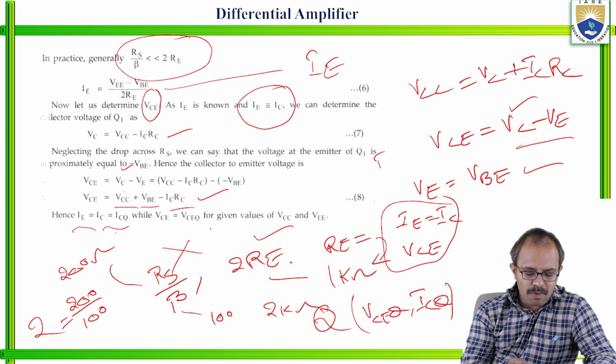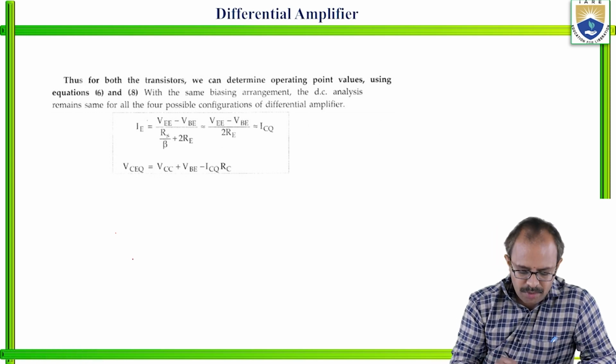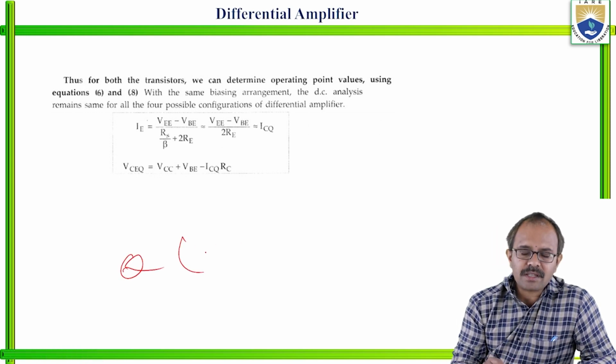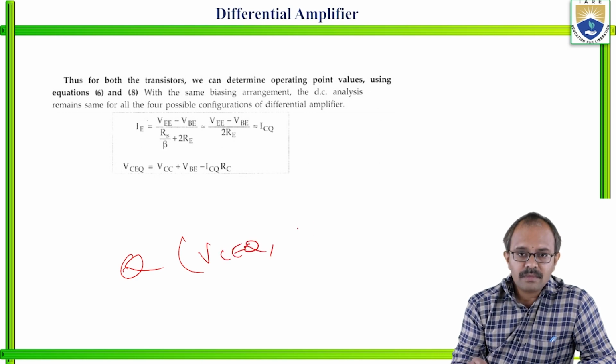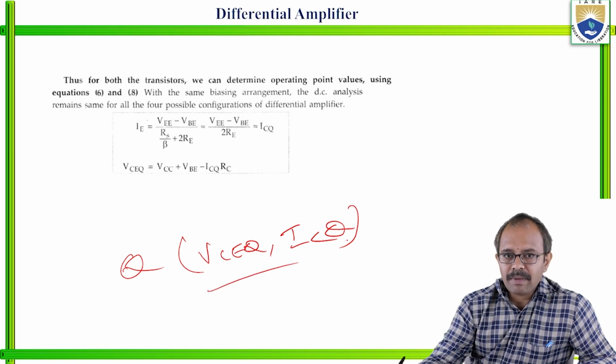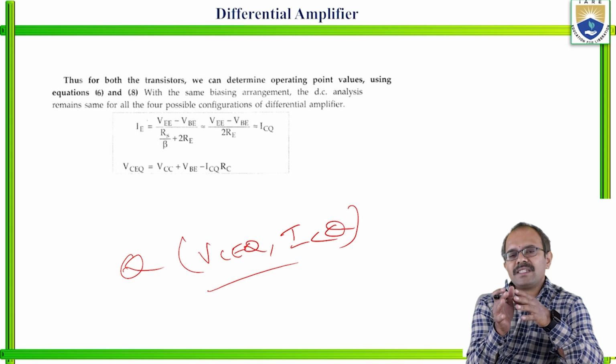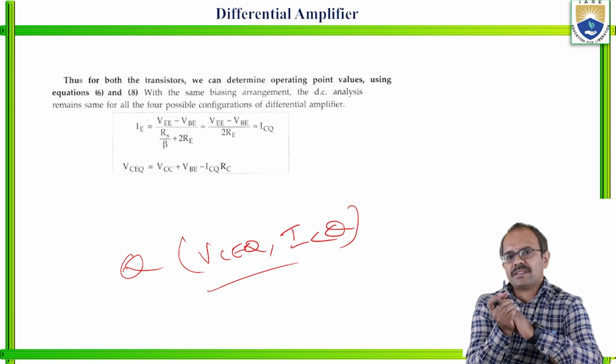So we have both coordinates here, right? What is your Q point now? Q consists of two coordinates, VCEQ and ICQ. Both are obtained by performing DC analysis. You must understand the purpose of DC analysis.